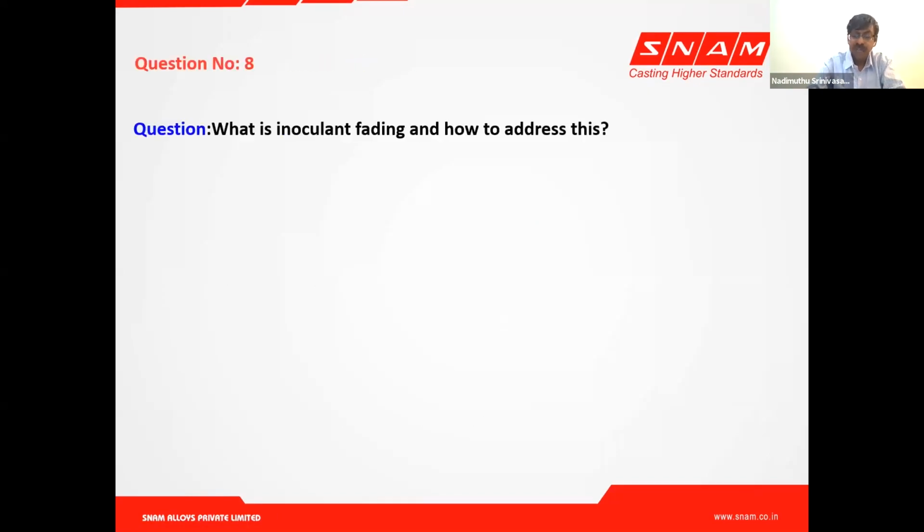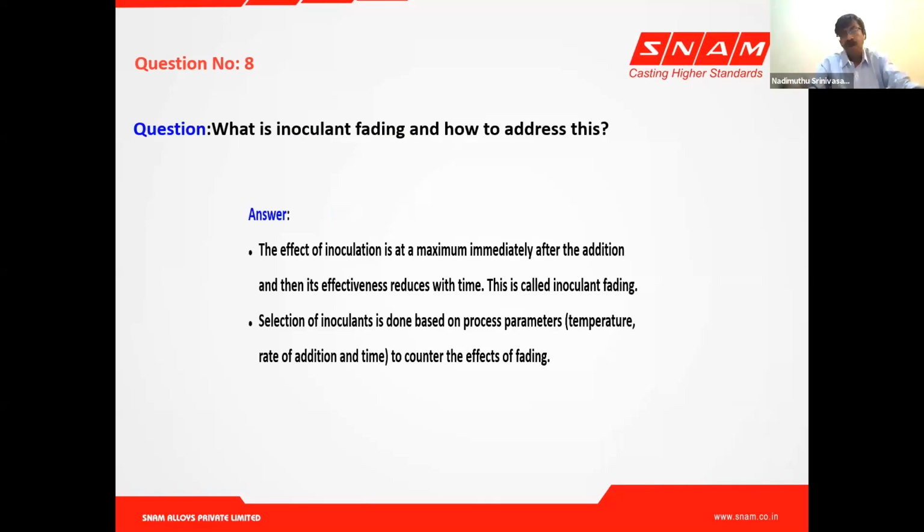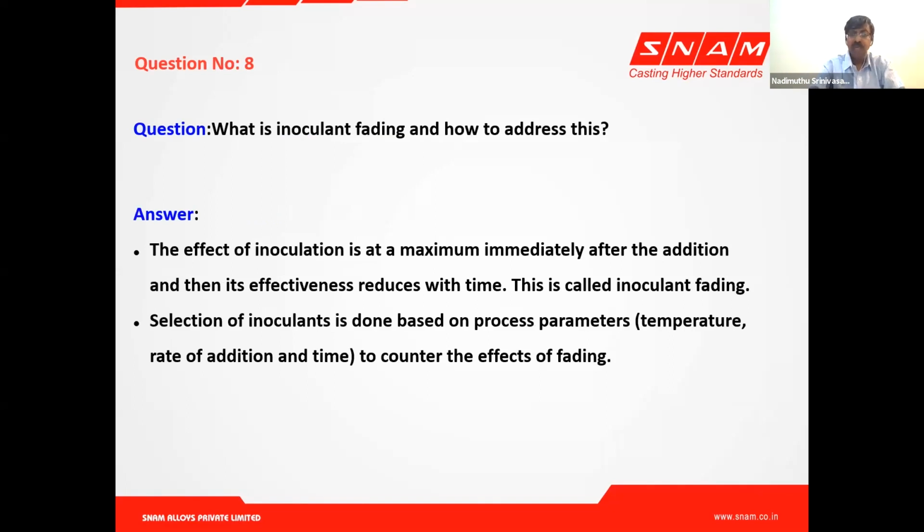Now next, what is inoculant fading and how do we address this? I think inoculant fading was also described by the previous panelist, even with a graph. The effect of inoculation is maximum immediately after the addition. Now, unfortunately, the fading of inoculant is also maximum immediately after addition. 50% of the potency of the inoculation is lost very fast.